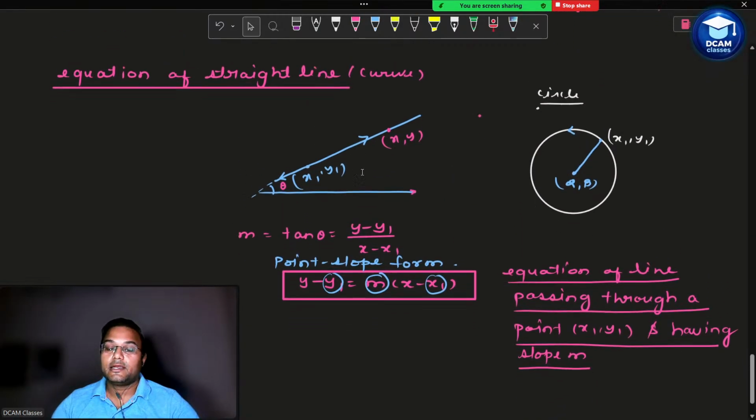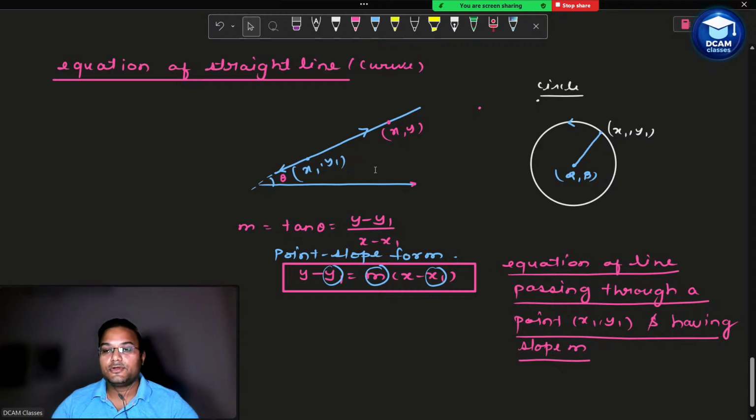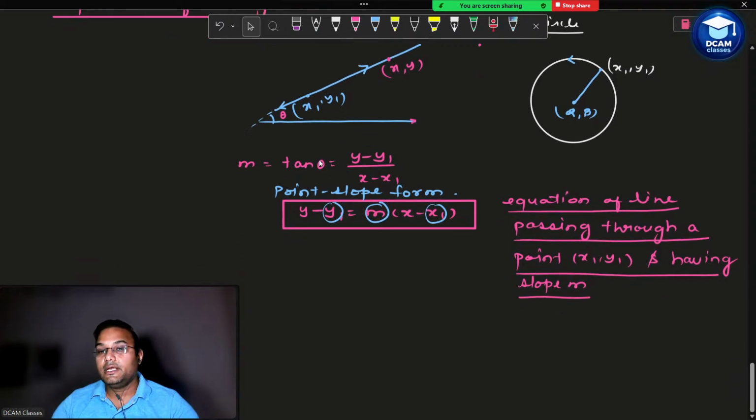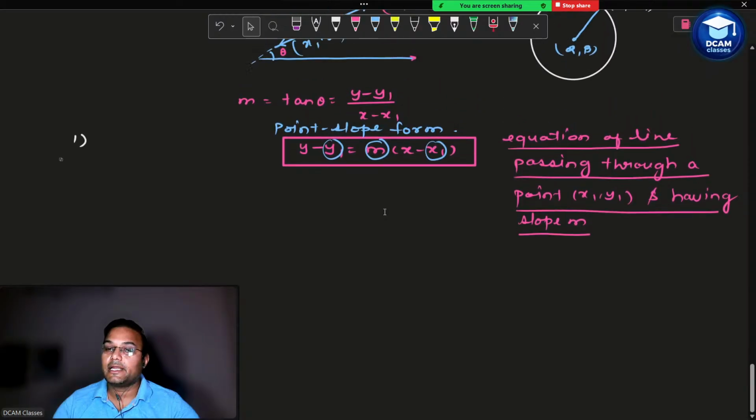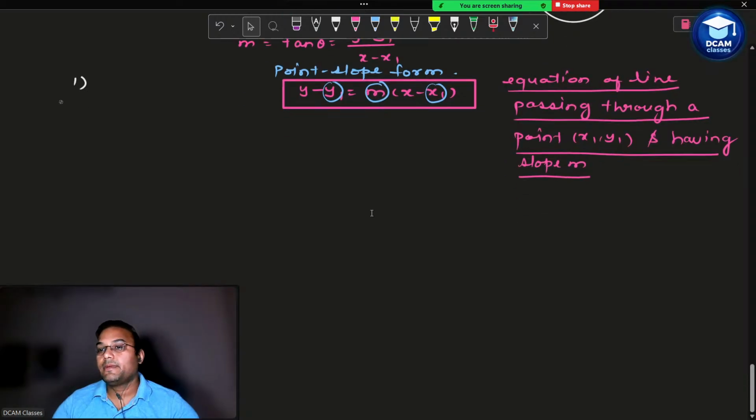Equation of straight line. How we frame the equation of straight line? Actually, framing the straight line, we have different kinds of formulas. First formula for making the straight line is the point slope form. What is this? This is the equation of a line passing through a point and having the slope m.